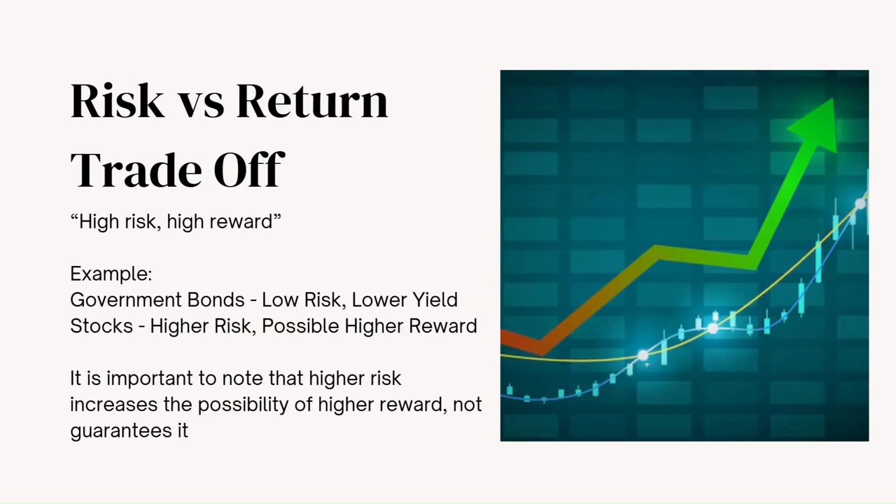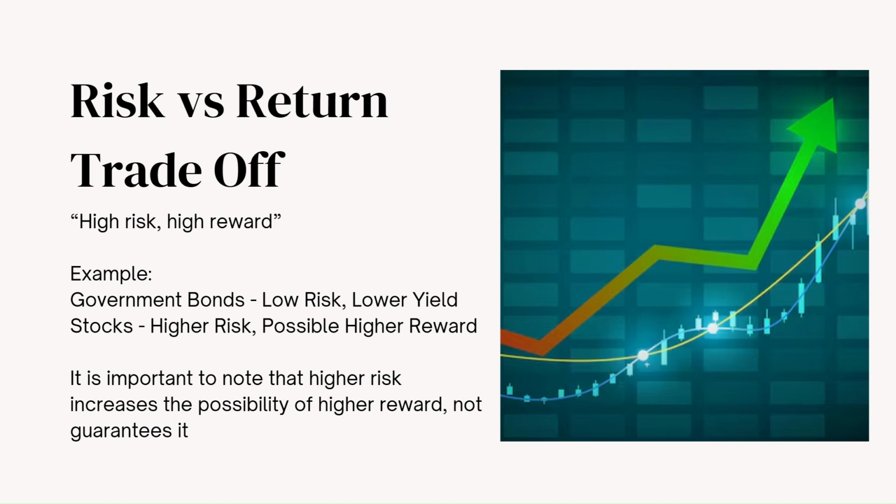So it is important to understand the risk and return trade-off when investing. As the saying goes, high risk, high reward. So I'll give you a real life example. Government bonds are low risk because they are insured by the government, but they produce a much lower yield, whereas higher risk securities like stocks or equities can lead to higher rewards.